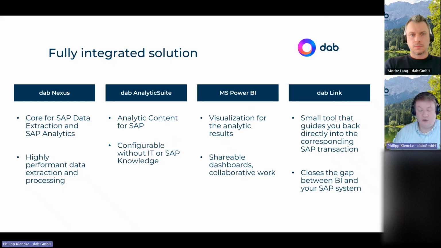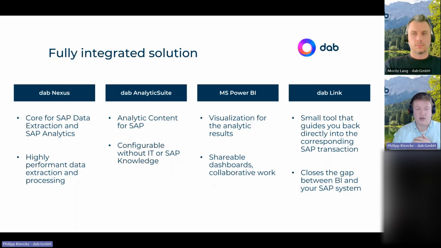So, a short summarization: on the one hand we have our own products, DAB Nexus, which is the core for the data extraction and also the engine for the SAP analytics. That extraction tool is made for large amounts of data.